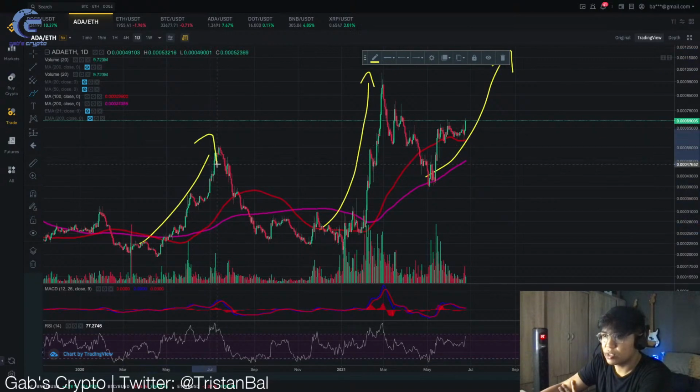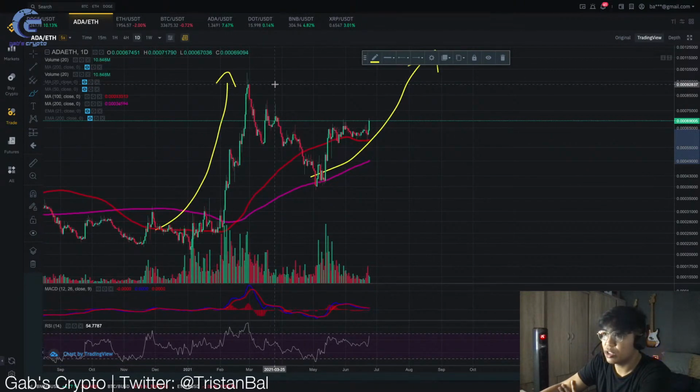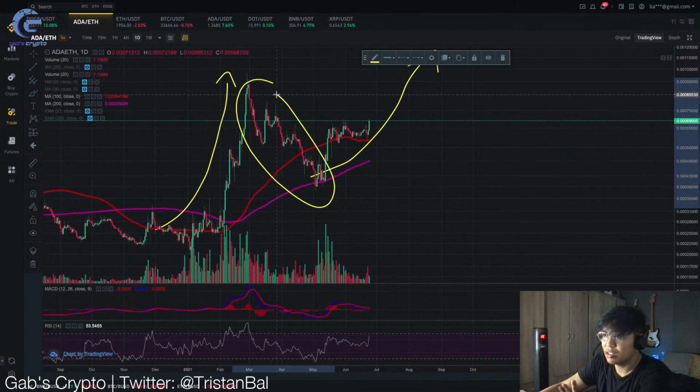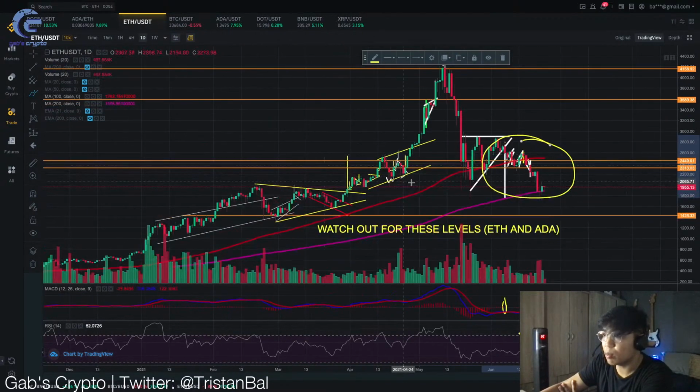So ito. So ayan o, nag-pump si Cardano to Ethereum. And then ito yung time na tinawag nila na stable coin. Yung inaasa nila na stable coin daw si Cardano. It was during this time na nag-decline dito si Cardano dominance. And during this time, ito din yung nangyari na Ethereum pump.